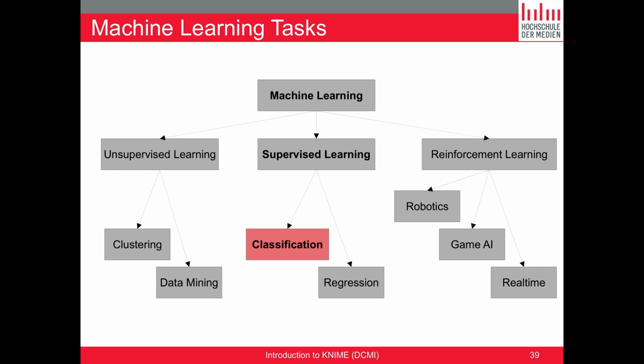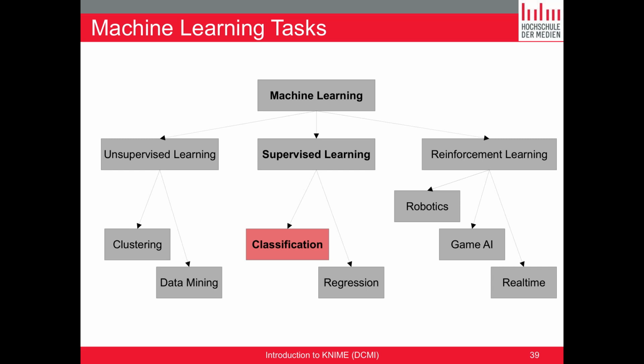When we talk about machine learning, we have to, of course, decide, especially also in this short time, what we would like to do. Usually you have several tasks that are associated with machine learning: unsupervised learning, supervised learning, and reinforcement learning. Unsupervised learning are things like clustering or data mining.